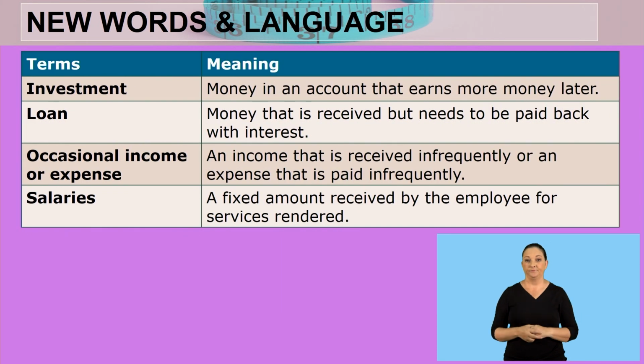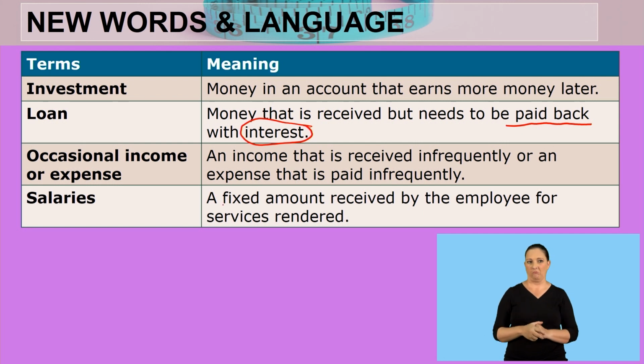An investment is money in an account that earns more money later. A loan, money that is received but needs to be paid back with interest. Occasional income or expense, an income that is received infrequently or an expense that is paid infrequently.